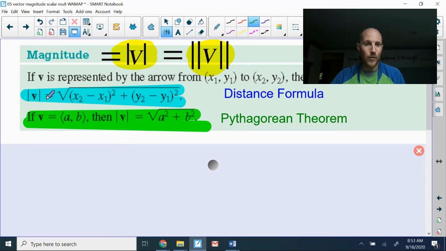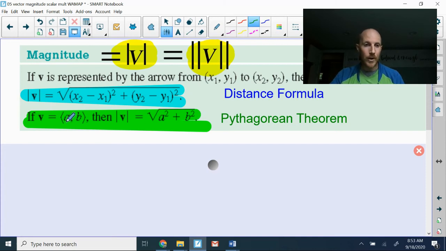This is just the distance formula, and instead of d for distance, it's been relabeled as the vector magnitude over here. So subtract the two x coordinates, square that difference, and then add it to the same thing with the y coordinates. Subtract the y coordinates, square that difference. You add those two together, and then take the square root of the whole thing, which will give you the magnitude.